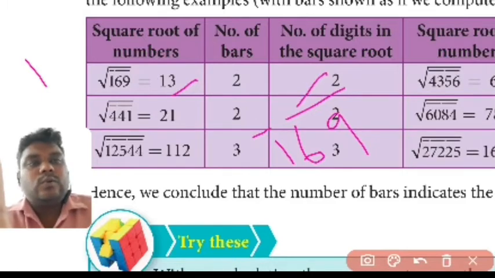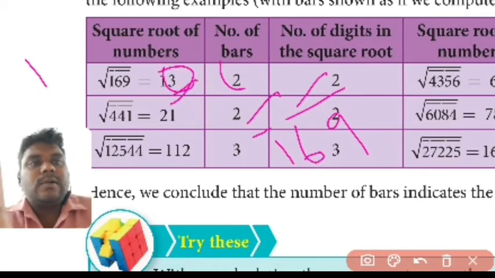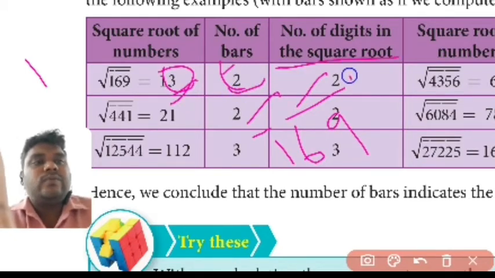So there are 2 bars. So the answer is 13, a 2 digit number. So number of bars is 2, so number of digits in the square root is 2.